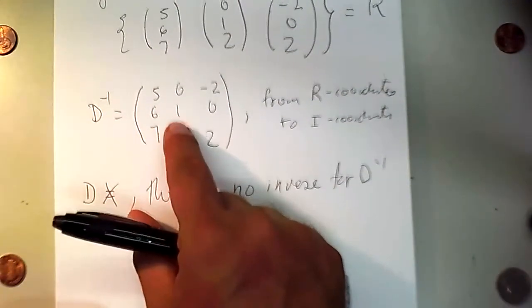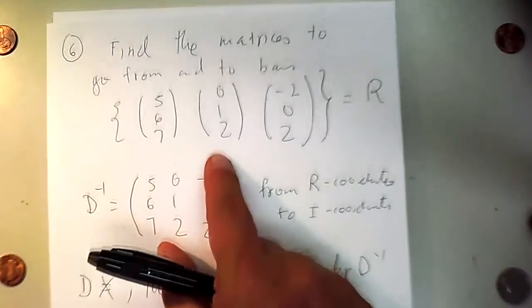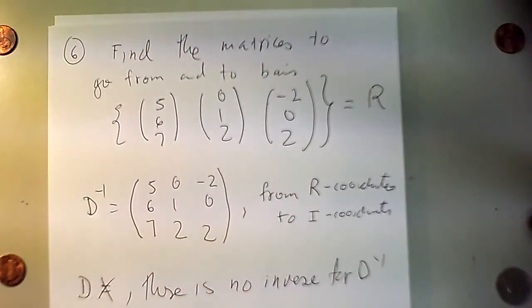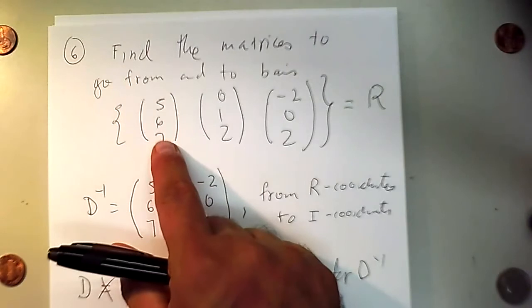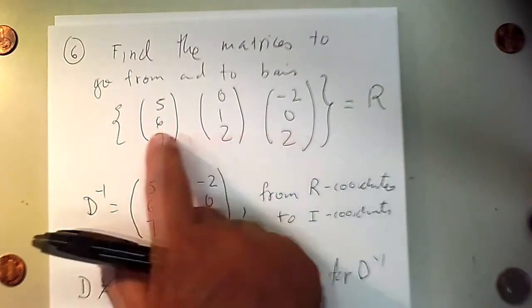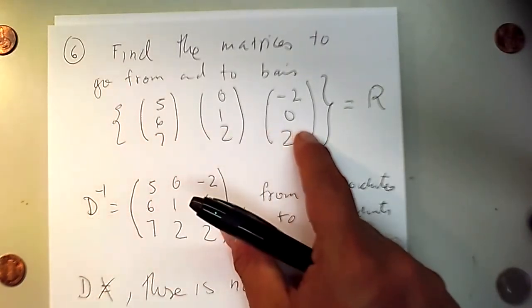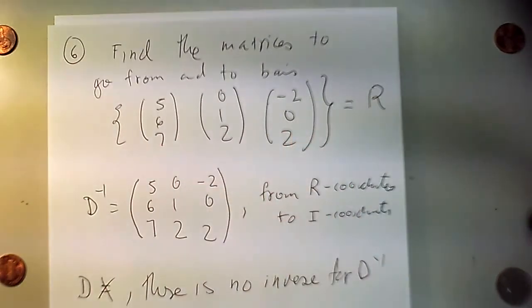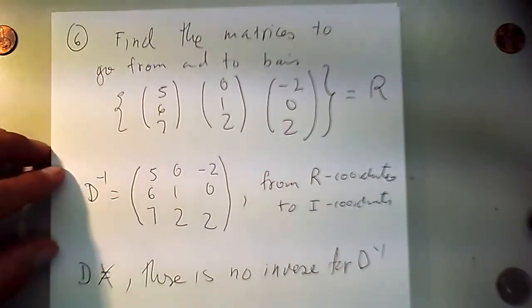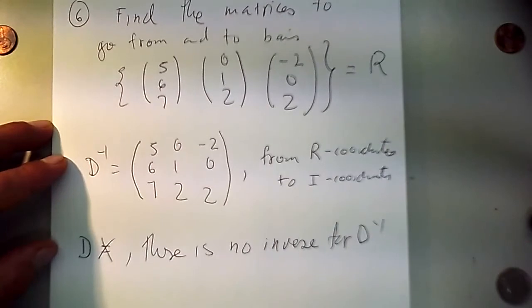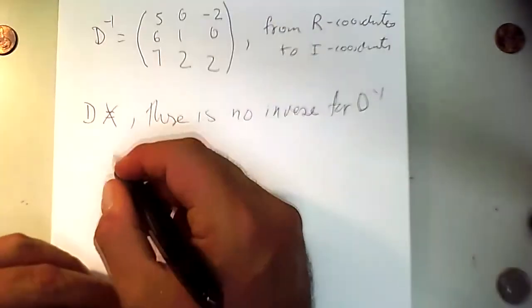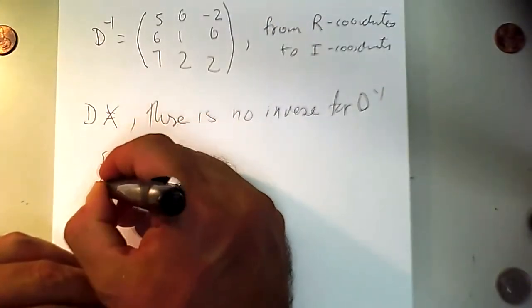And the reason is because I came up with these vectors at random, I didn't realize that those are not linearly independent, and consequently, they cannot form a basis for R3. That's a bummer.